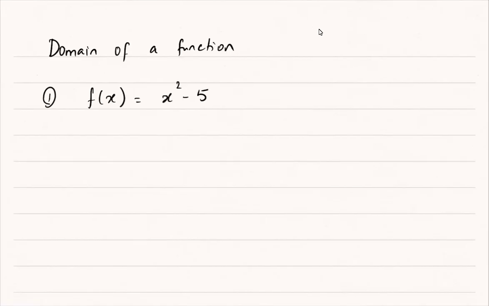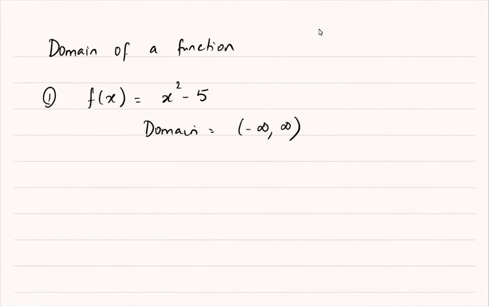For this polynomial function, any real number that I input will give me a real output. Moreover, it is a function that is already established, so each input has only one output. So it is a function, and on top of it, every input will give you a real output, which means my domain is all real numbers.